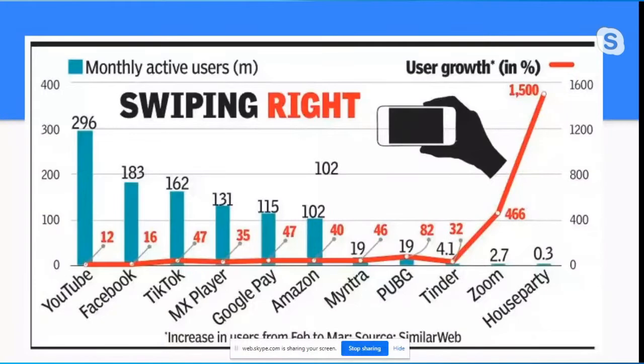Whereas for Zoom and House Party, people had not been using them for a very long time. They got into the trend because of the lockdown due to the pandemic, where people are not able to go out and we are not able to conduct meetings due to social distancing. That is the reason Zoom, House Party and these applications are seeing a higher user growth percentage.